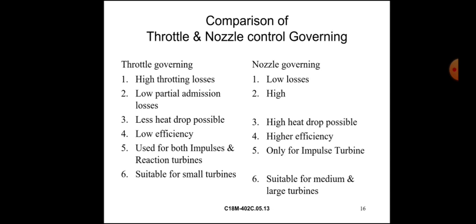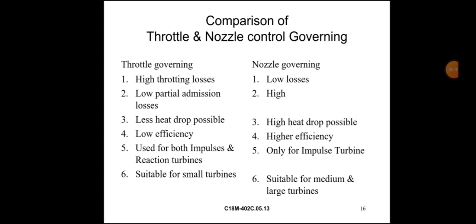In throttle governing, less heat drop is possible. In nozzle governing, high heat drop is possible. In throttle governing, low efficiency. In nozzle governing, high efficiency. Throttle governing is used for both impulse and reaction turbines. Nozzle governing is only for impulse turbines.